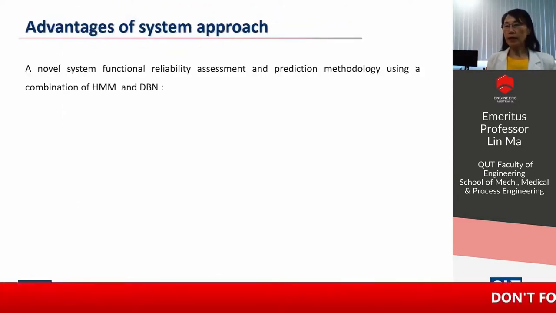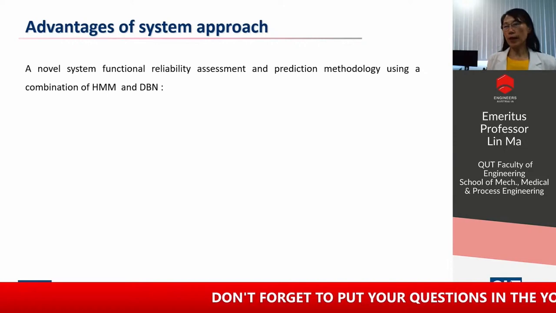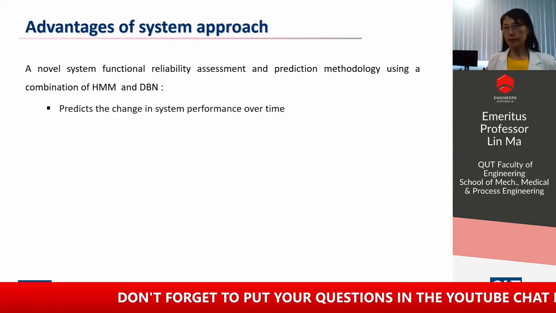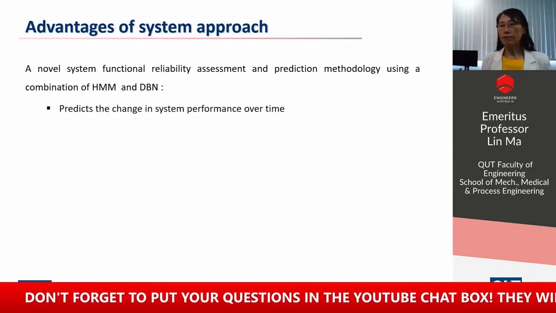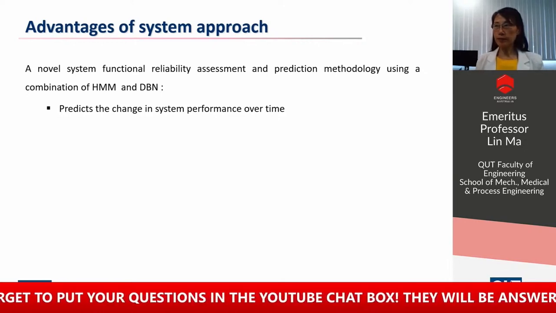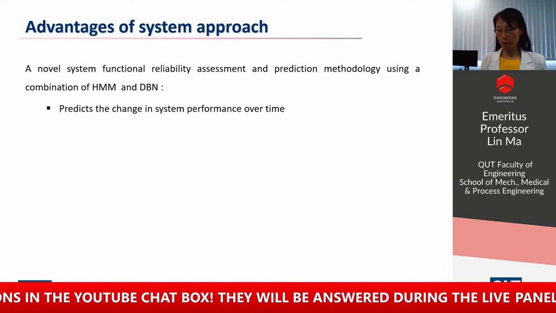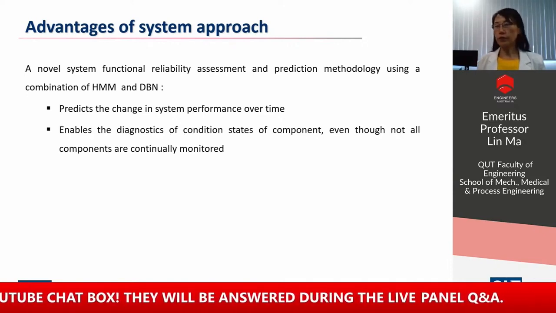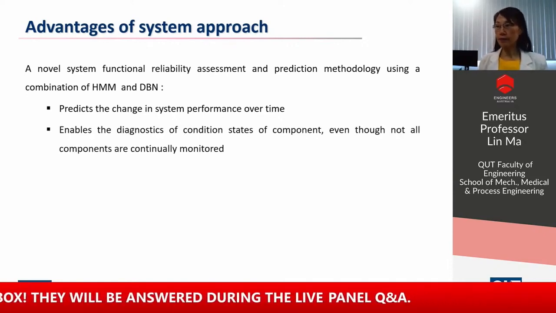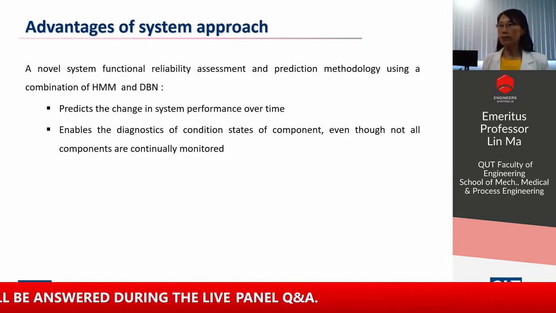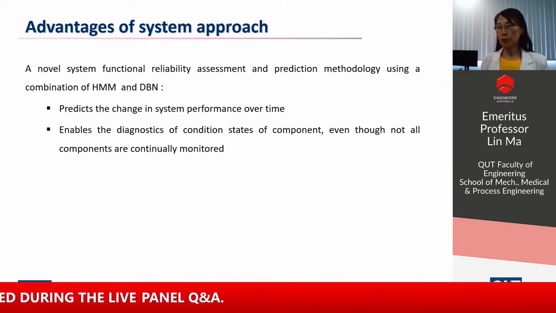The advantage of this new modeling approach is that we use system functional reliability, system performance. And then we can predict the system business or physical performance over time, and use that to infer the conditions and states of different components within the system, using a Bayes network.